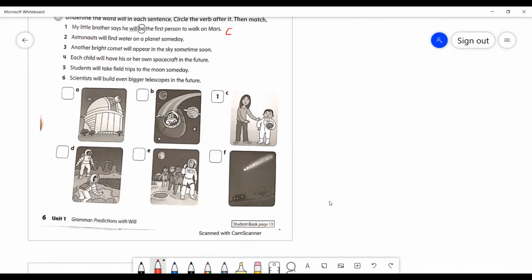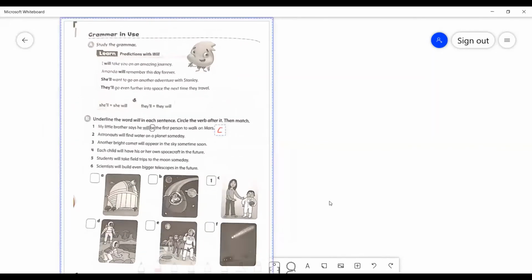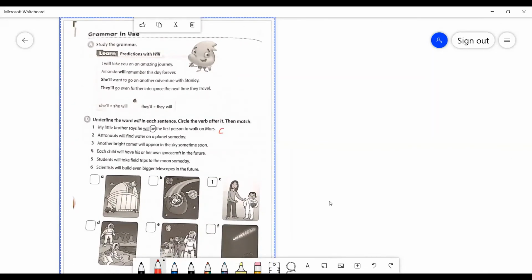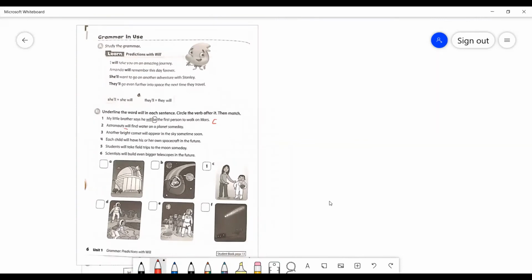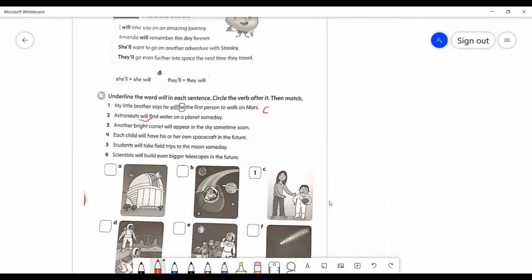So we have to match the shape with the sentence, and also we have to underline the will and circle the verb. Number 2, astronauts will find. So we have to underline will. So there will be maybe a problem. So we should underline this will and circle the verb.